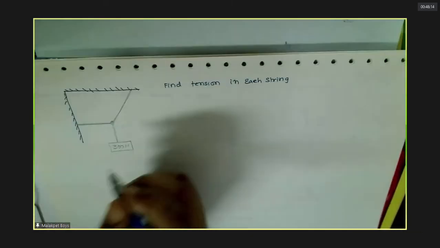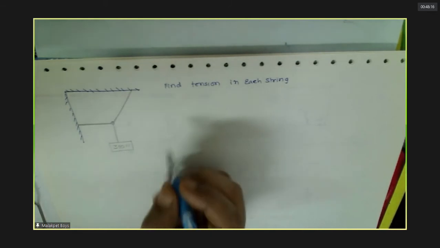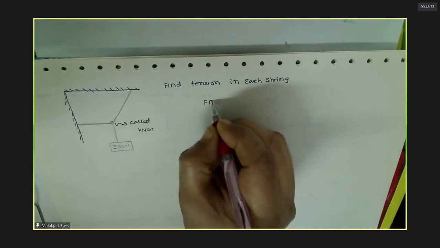See, here all three strings are interconnected by what is this called? Knot, no? Now we'll draw the free body diagram of the knot.